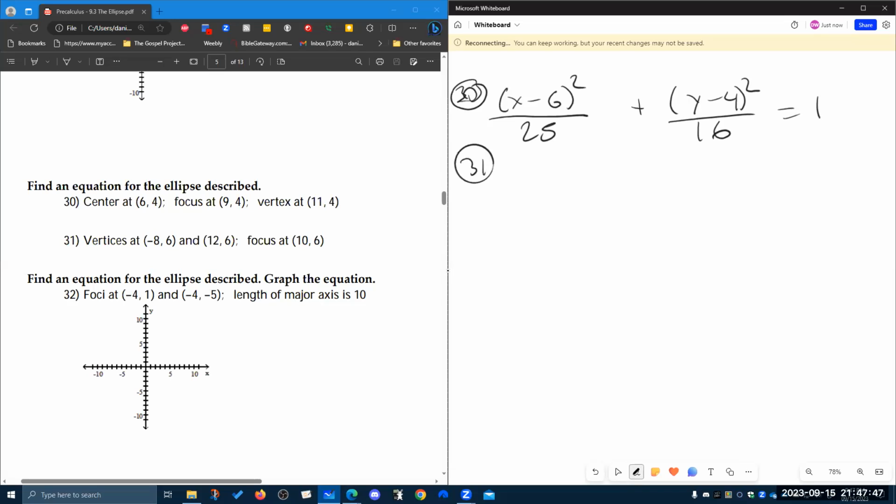Let's look at 31. (x plus 8) squared, (y minus 6) squared equals 1. Oh, those are my vertices. So let me find what's halfway in between. I'm going to have a (y minus 6) squared for sure, opening in the x direction. The average between -8 and 12 is going to be 2.